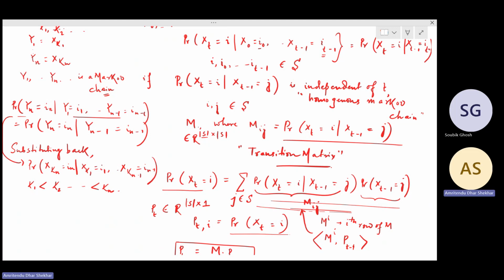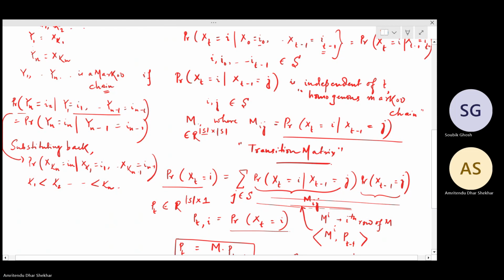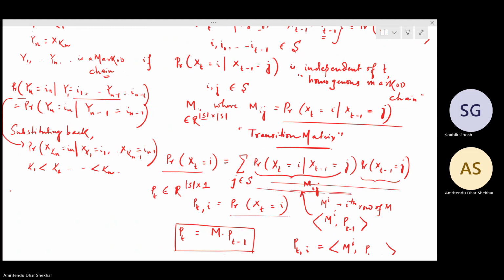Now you have to iteratively write this as a sum of conditional probabilities as follows. Let's consider the joint distribution.